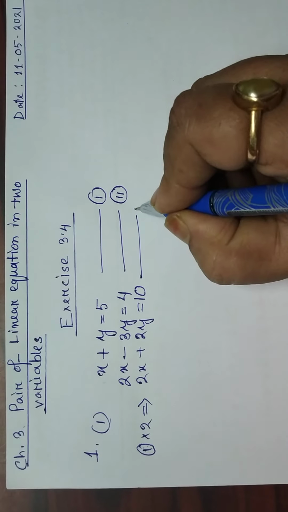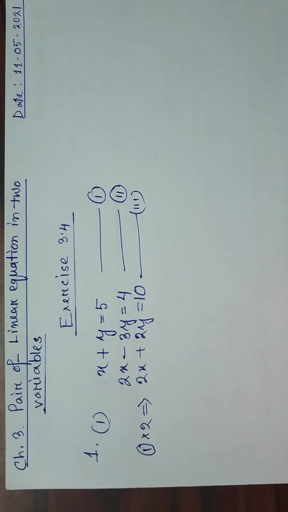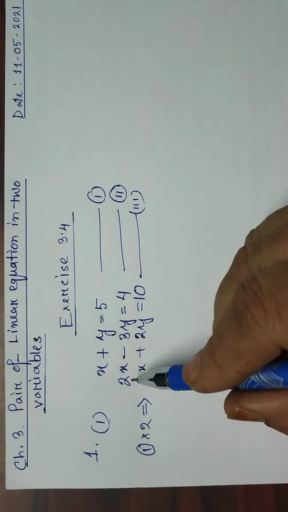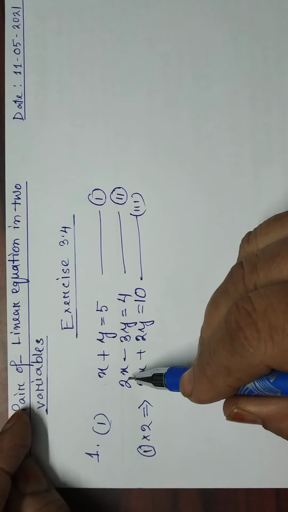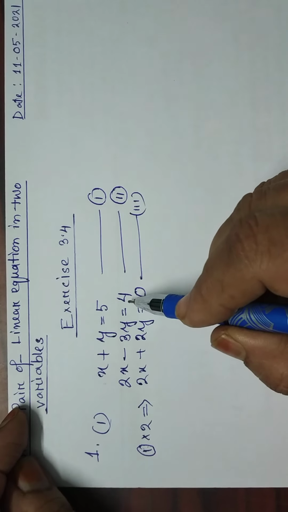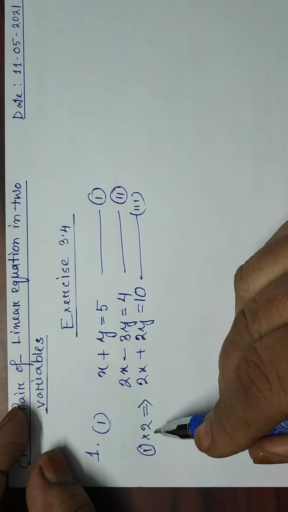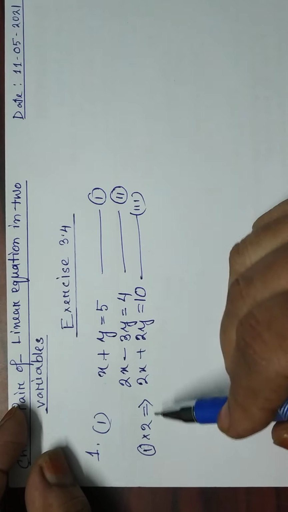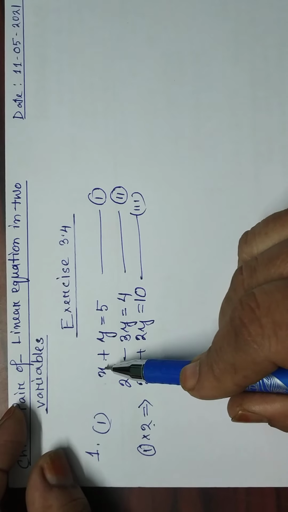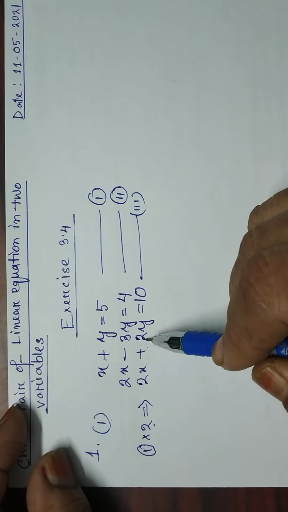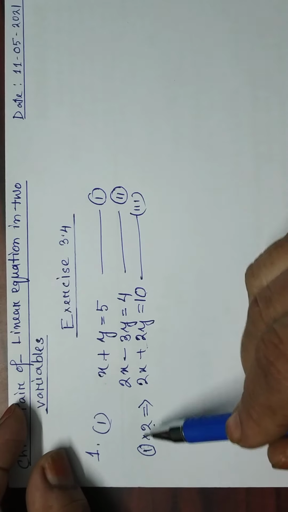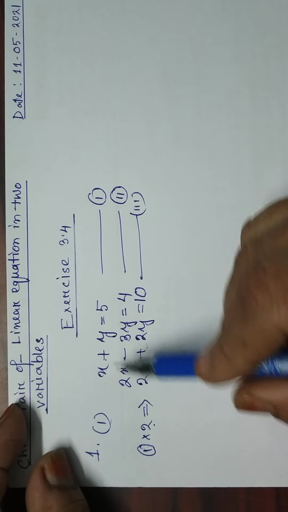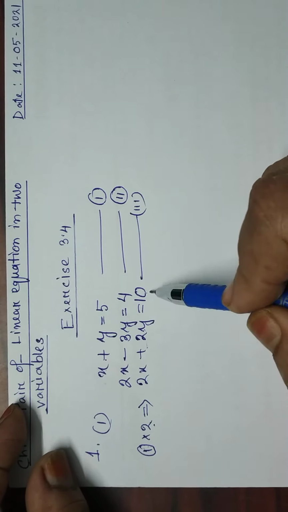Then we will take this equation as number 3. Then equation number 2 is 2x minus 3y equal to 4. Equation number 3 we get from equation number 1: when we multiply equation number 1 by 2, then 2x plus 2y equal to 10. Why? Because 2 into x is 2x, 2 into y is 2y, 2 into 5 is 10.